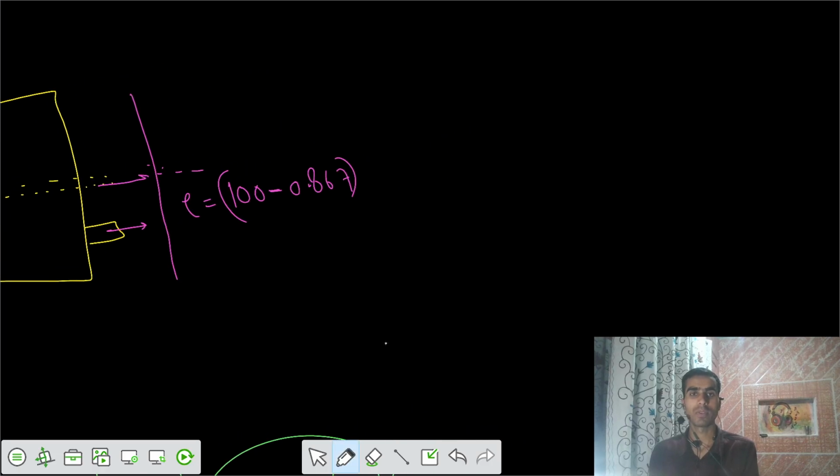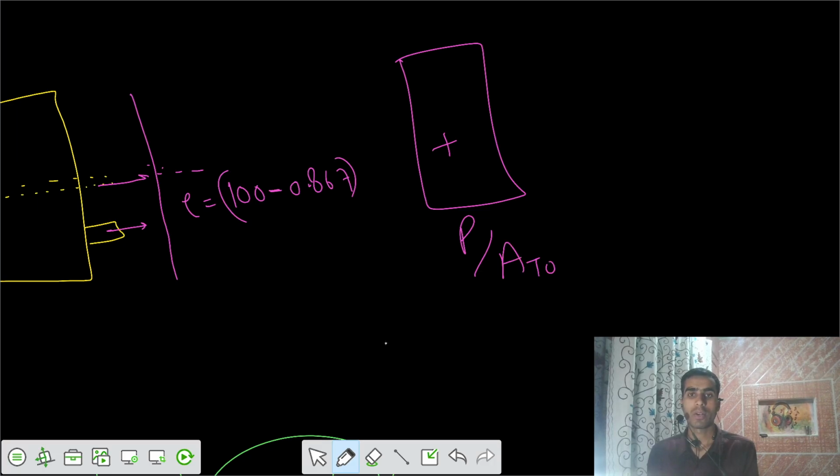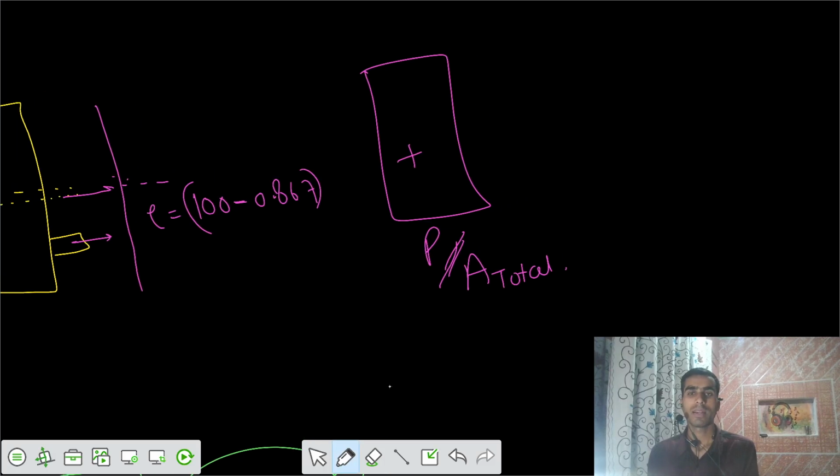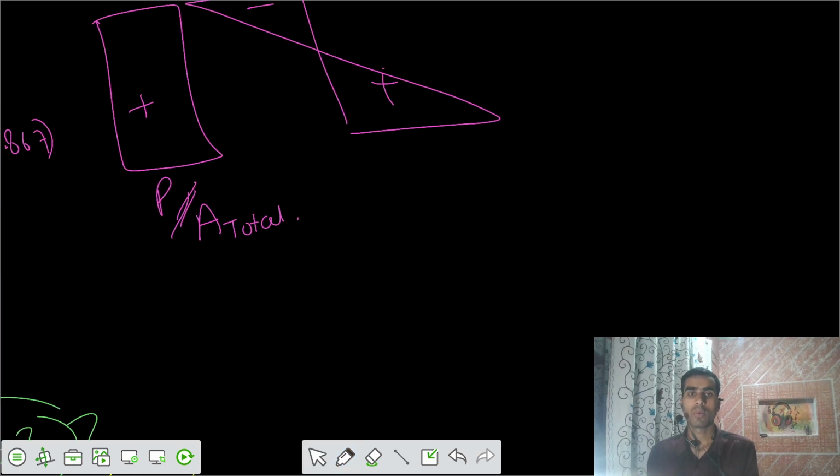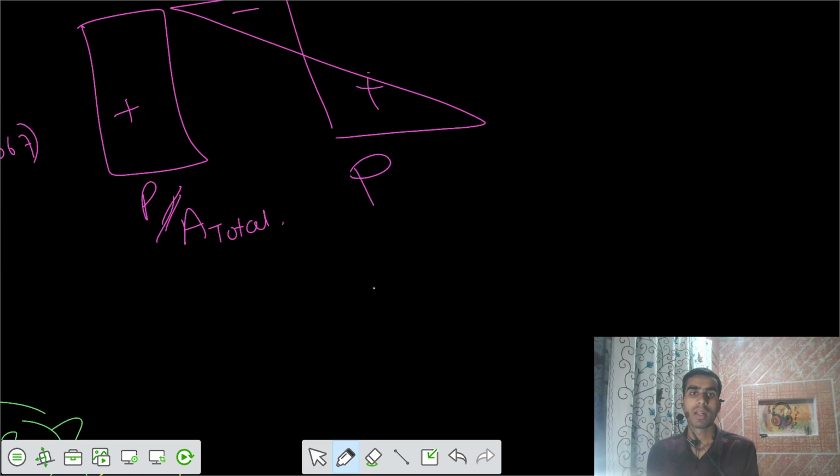This is the eccentricity of that load P. Because of that, your direct stress is P by A, where A is the total area here, plus one more stress, which is P e y bottom by I neutral axis.